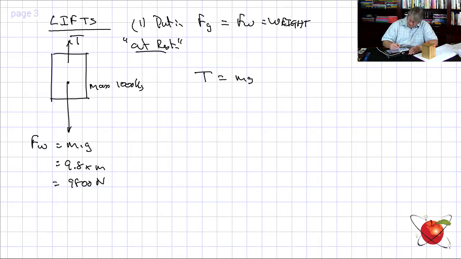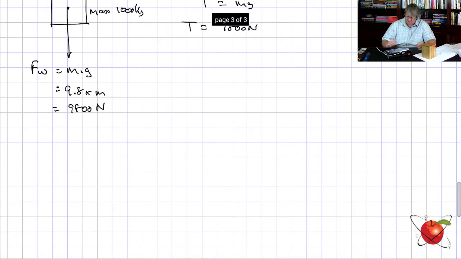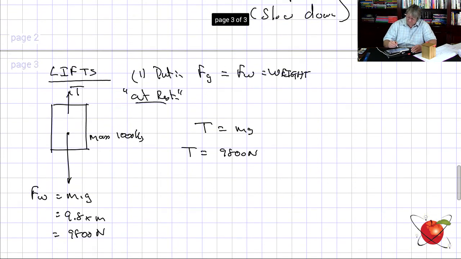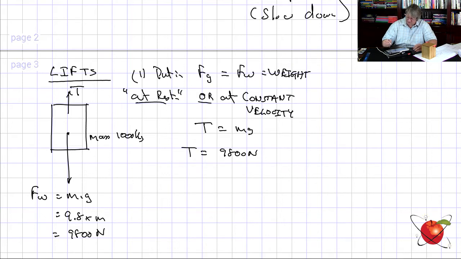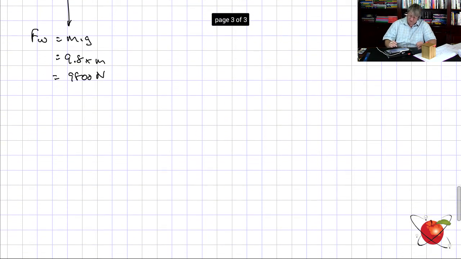It means that T must be equal to 9,800 newtons. Straightforward, simple, because it's at rest. Or at constant velocity, because that's what Newton said, essentially, didn't he?